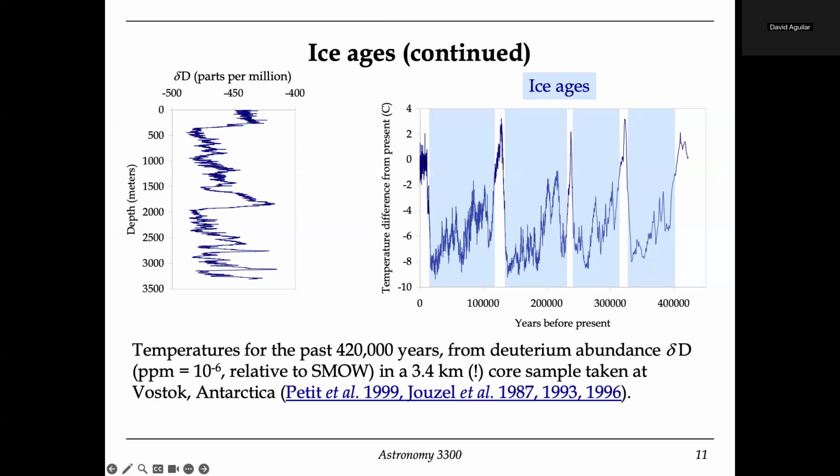So what's the normal condition for the planet? Colder than now. We're living in this beautiful little warm time period. But you just wait a good 10, 30,000 years and it'll be cold again.